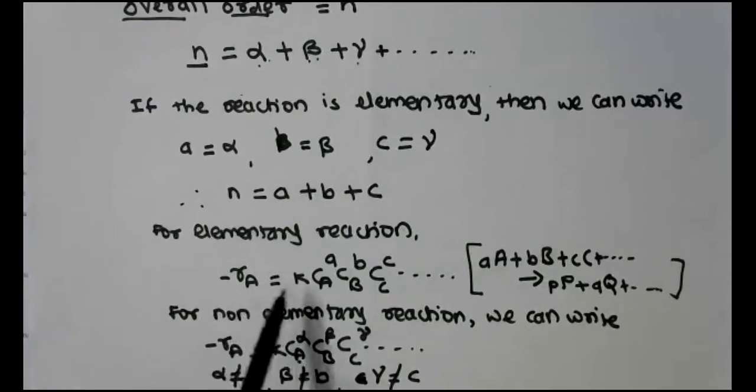However, the units of rate of reaction and concentration are fixed. For example, for a liquid phase reaction, the rate is in mole per liter per second, and the unit of concentration for any of A, B, C is mole per liter. Okay, now let us try to understand how to decide the unit of rate constant.